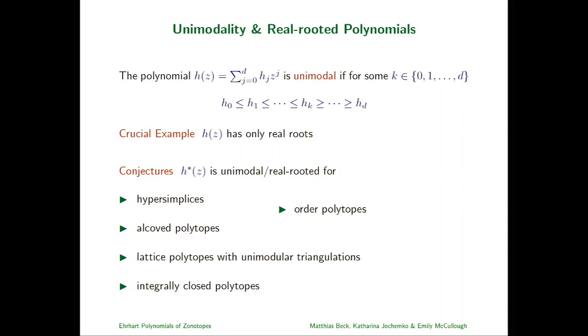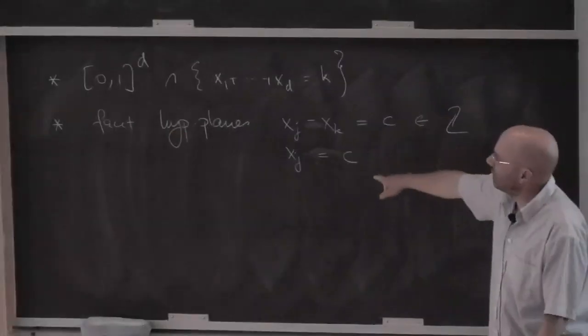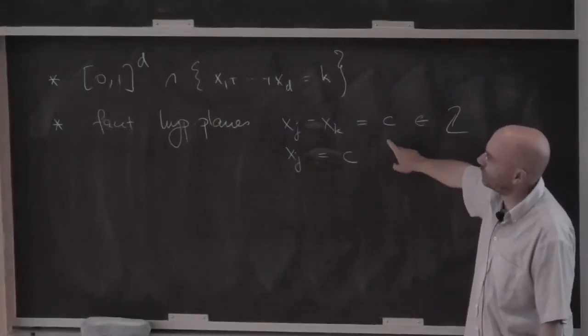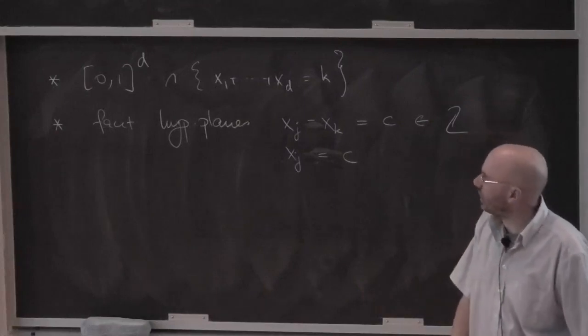So if you have a relation in your poset between j and k, and j is below k, then you just add the inequality xj less than or equal to xk. So it's a geometric version of a poset. And now I guess you can immediately see that an order polytope is of this form. You have these kinds of facets.